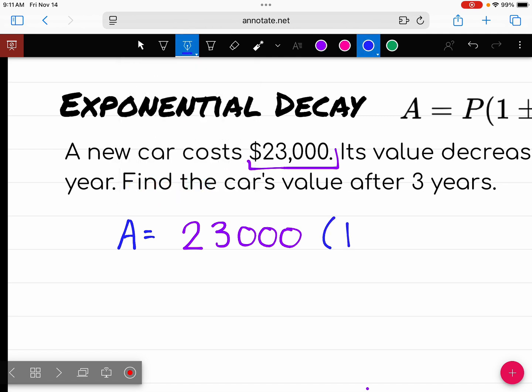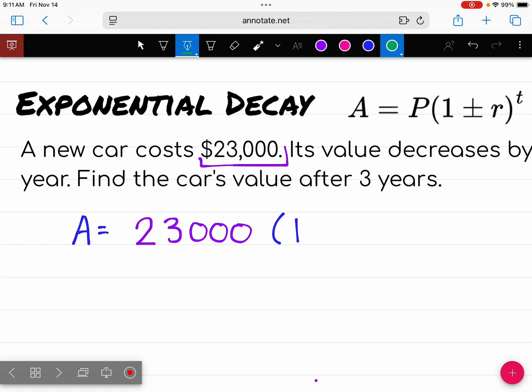Then we have our 1. Are we going to use plus or minus? Minus, because it is decreasing. Our value is getting smaller. We have a positive value, and we are decreasing it, making it smaller. That's how we know it decreases.